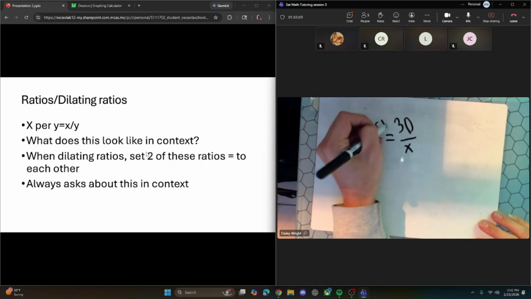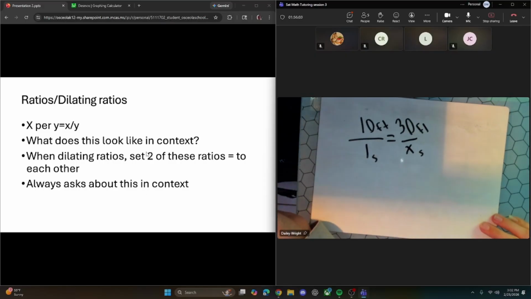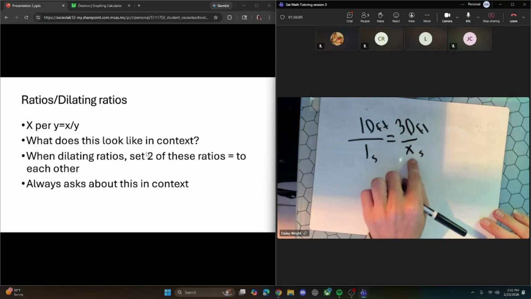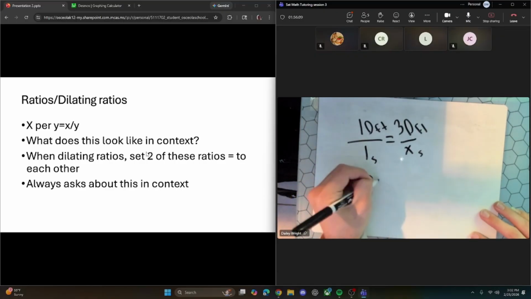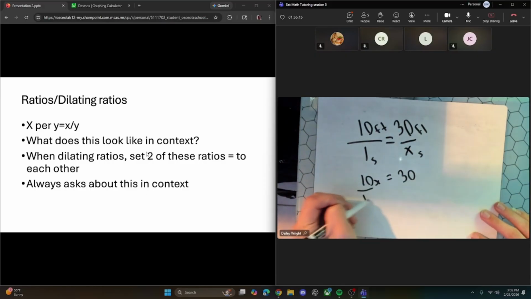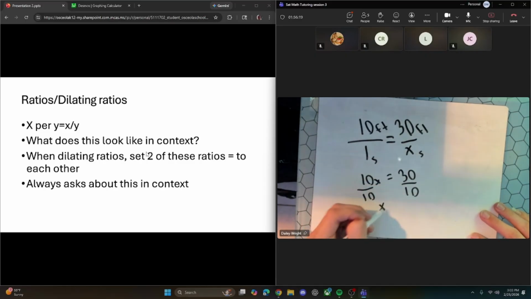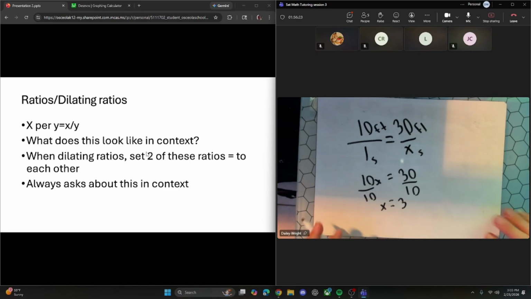The top is feet, the bottom is seconds. Cross multiply. 10x equals 30, because 30 times 1 is 30 and 10 times x is 10x. Divide both sides by 10, x equals 3. So it takes 3 seconds to travel 30 feet.